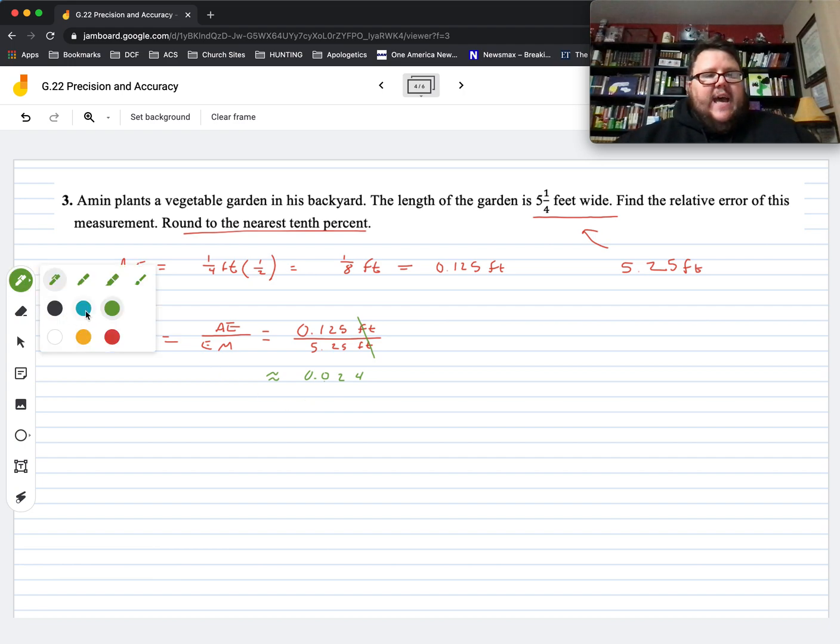And then when I move that from a decimal to a percent, I'm just going to move the decimal 2 places to the right. So this equals 2.4%.